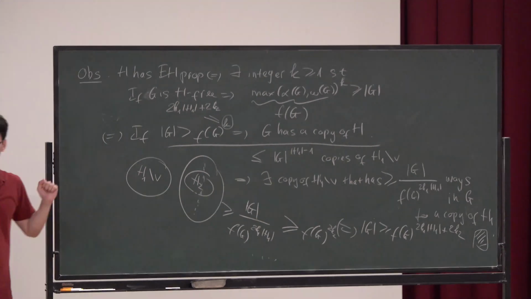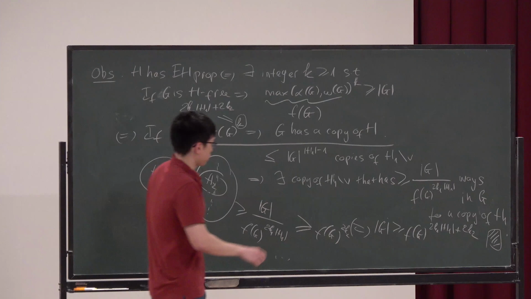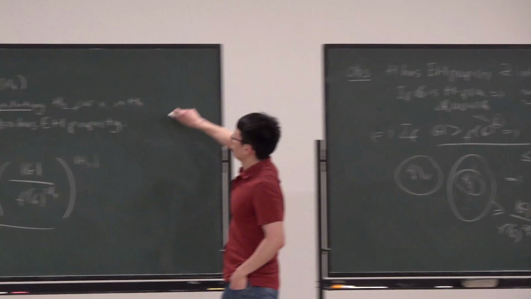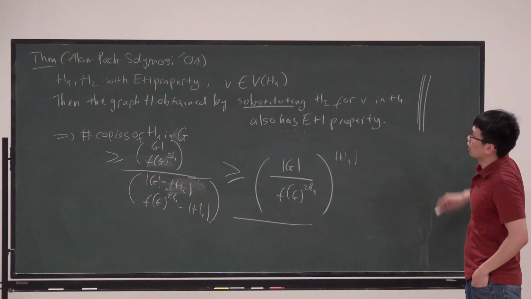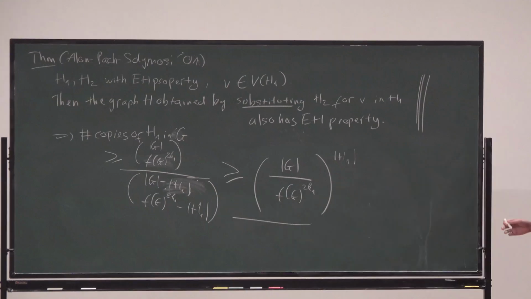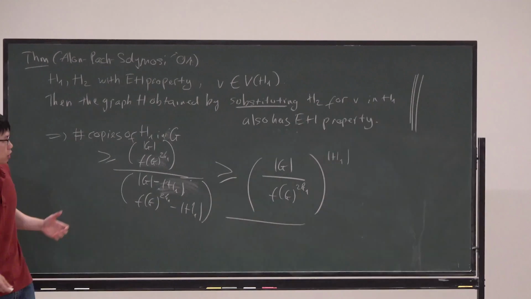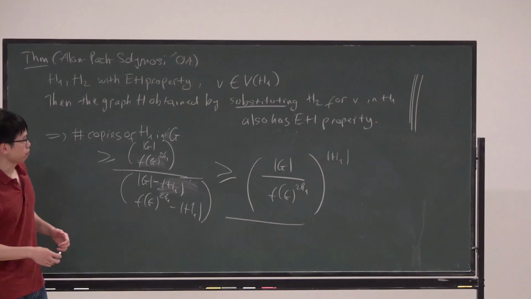Right. So now going back to this business. Substitution is actually an interesting notion in structural graph theory. And as you can see, this resembles how you multiply numbers together, right?